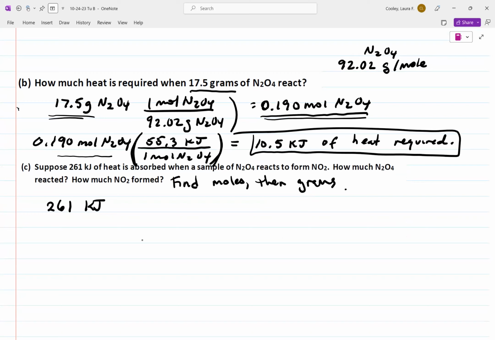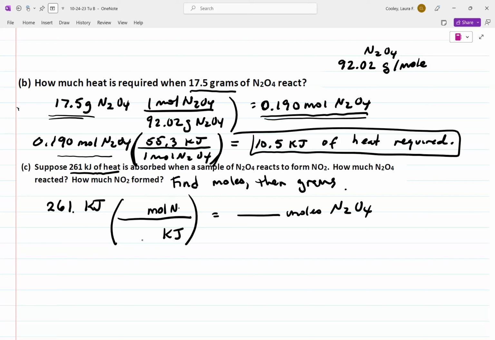So again, you start with what you know, what you're given. Now, how am I going to use this to get to moles of N2O4? You can see I'm going to have to get rid of kilojoules. That's going to have to cancel, and I'm going to have moles of N2O4 here.